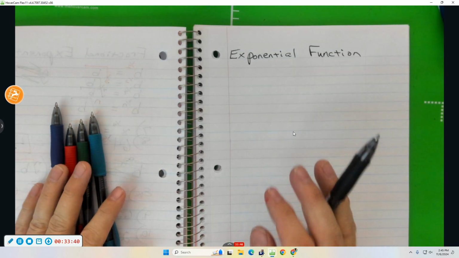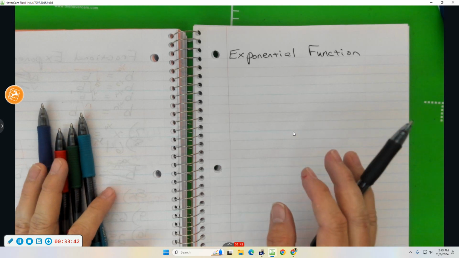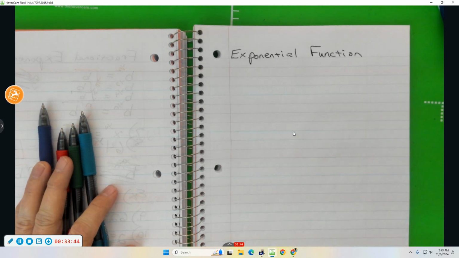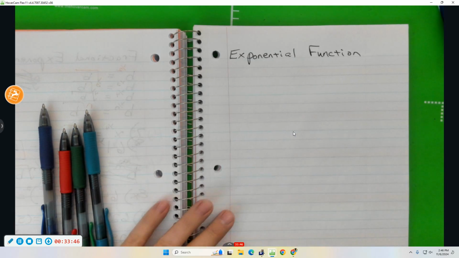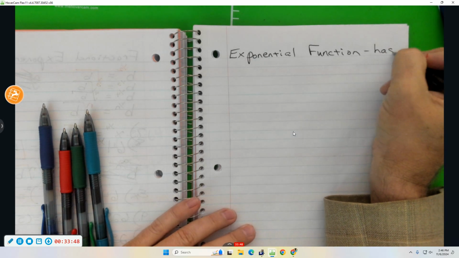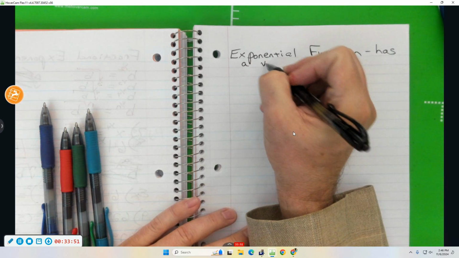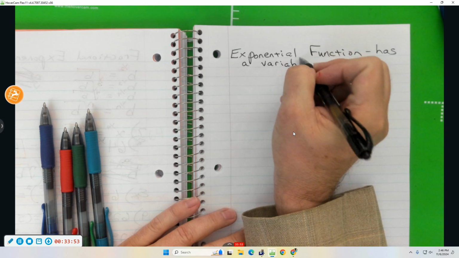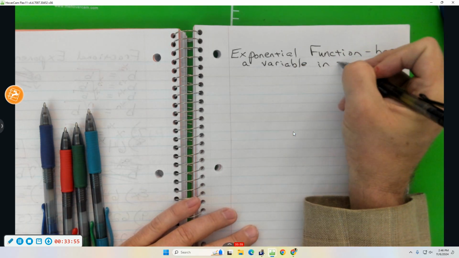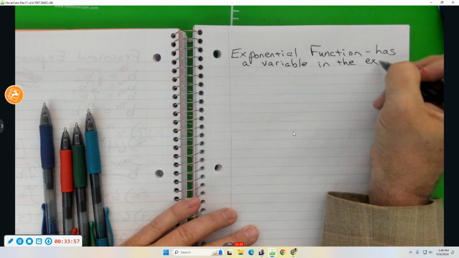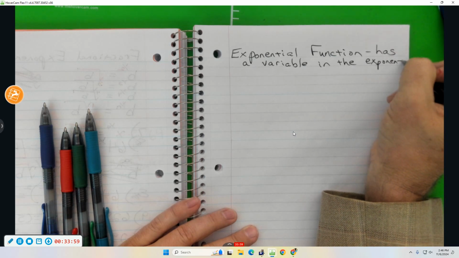Loosely speaking, an exponential function is any function that has a variable in the exponent position. It has a variable in the exponent.